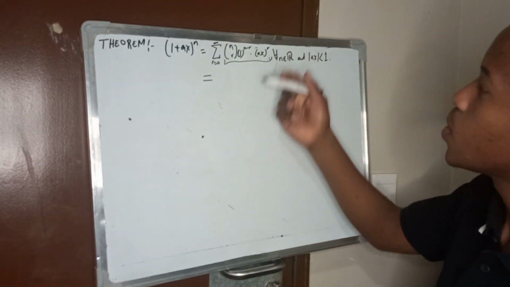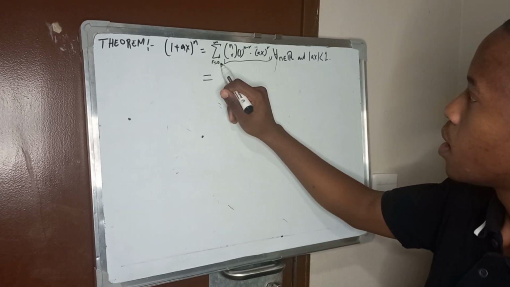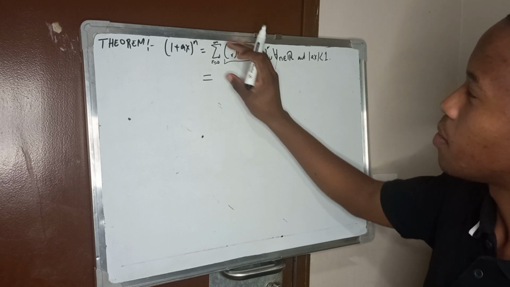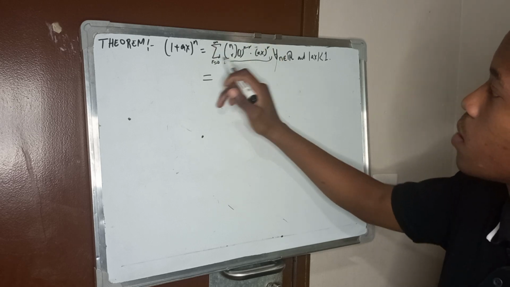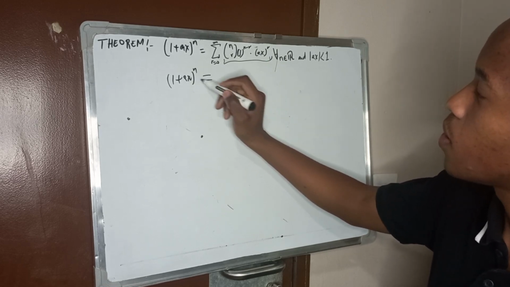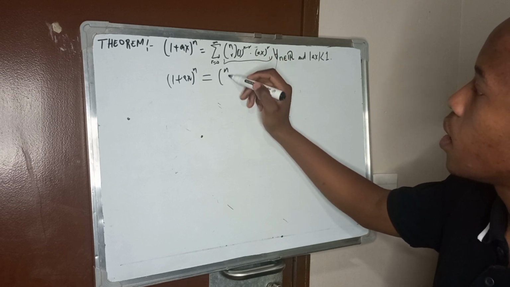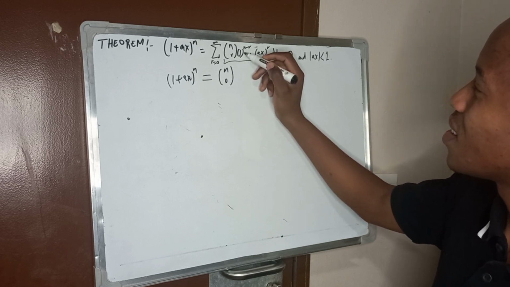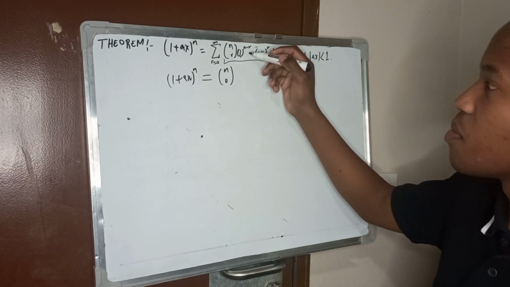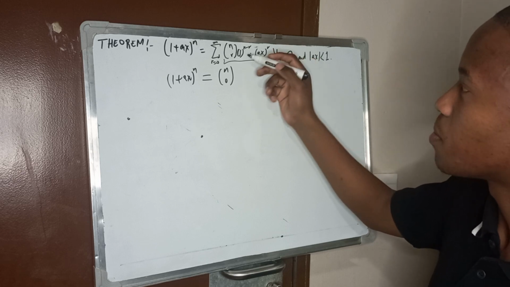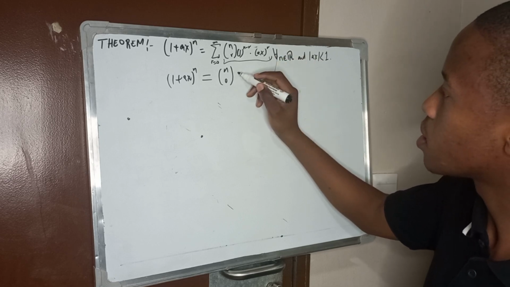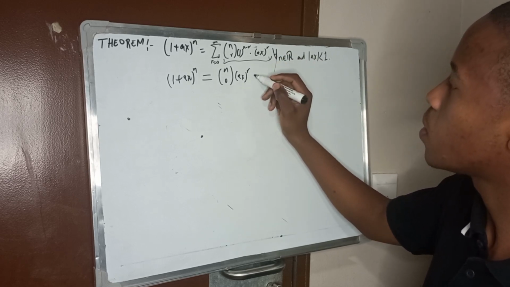Okay, now let's say r starts from 0, right? That means I just want to simplify this part here. So 1 plus ax to the power n is equal to n choose 0, then 1 to the power n minus 0, that's 1 to the power n, which is the same as 1, but I'm not going to write that one because 1 times anything is itself, so this is simply going to be ax to the power r.